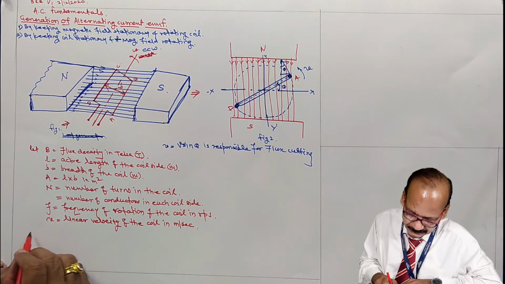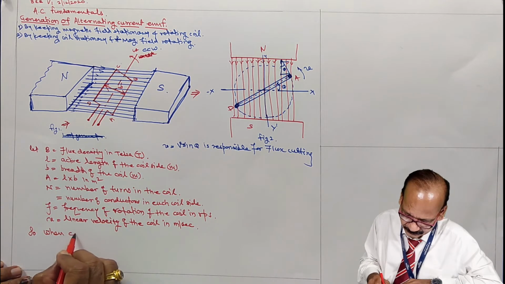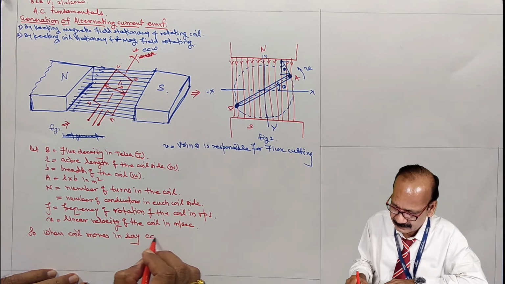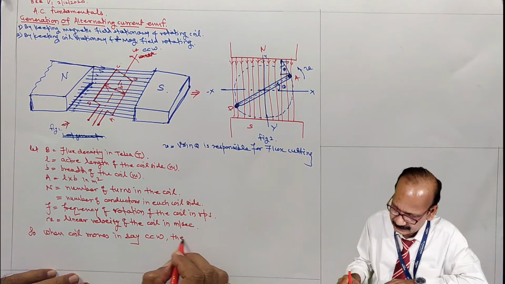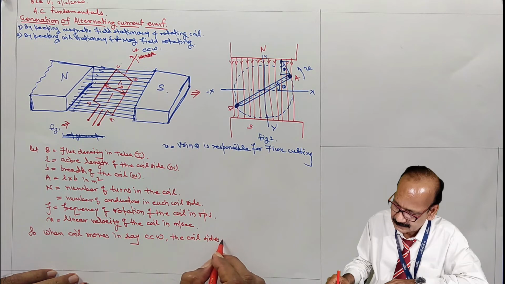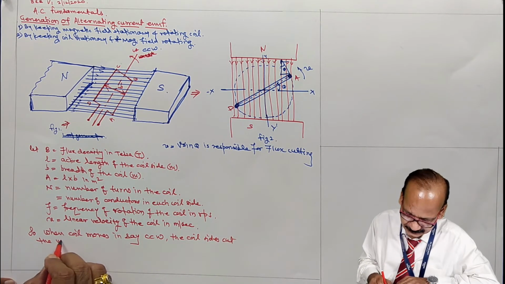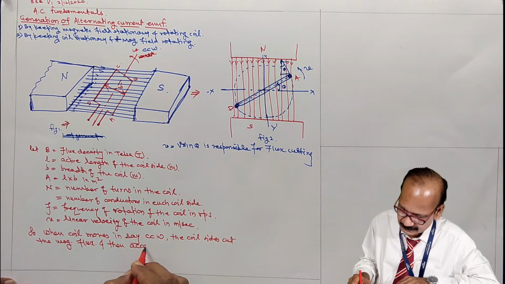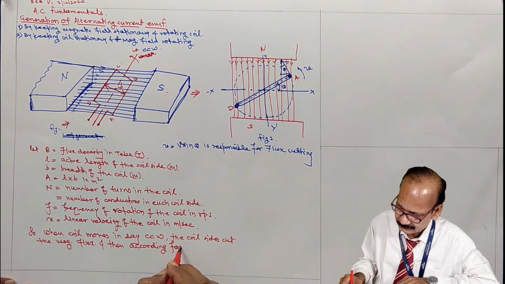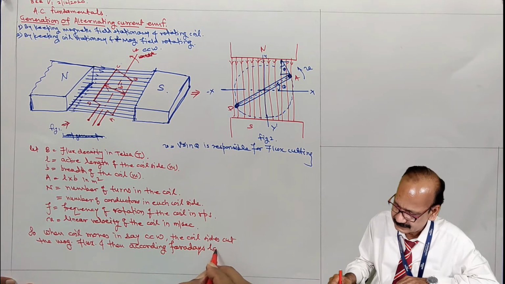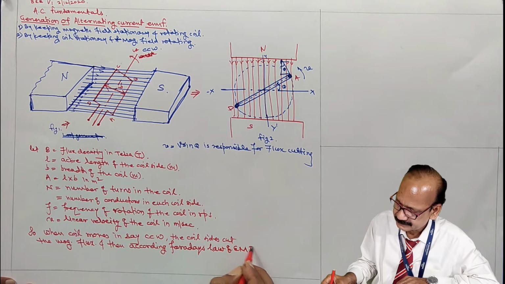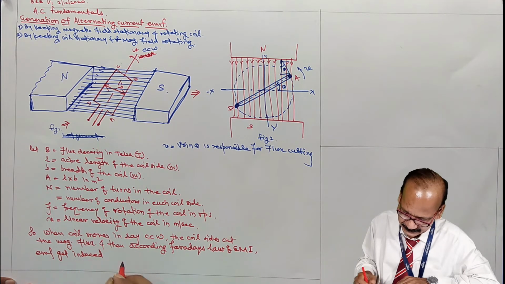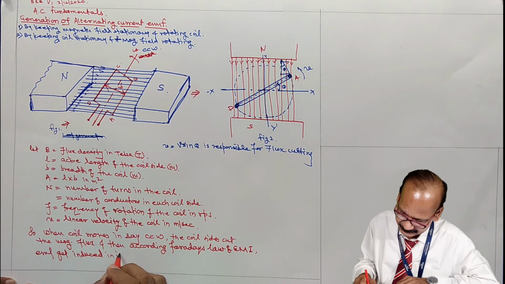So when the coil moves in, say, counterclockwise direction, the coil sides cut the magnetic flux and then according to Faraday's laws of EMI, EMF gets induced in it.